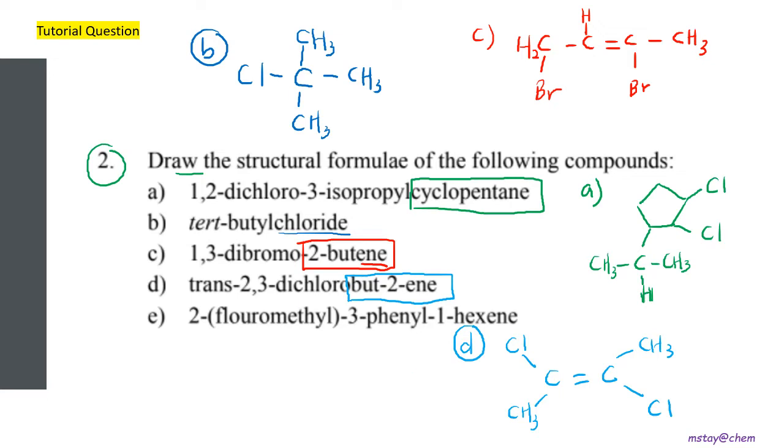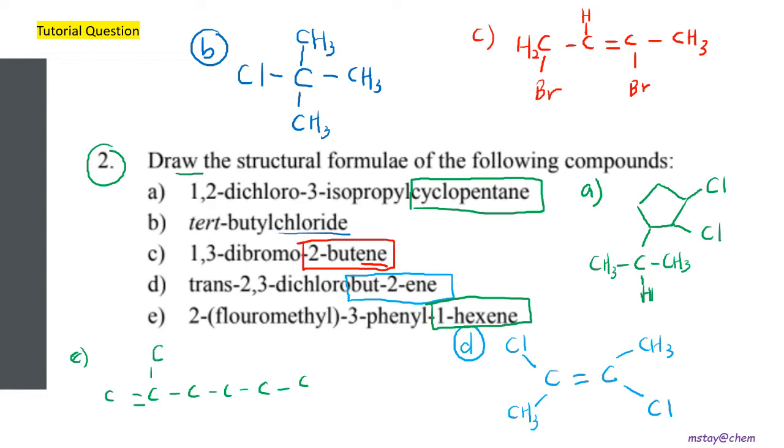Then the last structure is E, which is 2-fluoromethyl, 3-phenyl 1-hexene. So 1-hexene is the parent, so we need to have 6 carbon. And then the double bond in between the first and second carbon. So at the second carbon we have fluoromethyl. So methyl has 1 carbon.